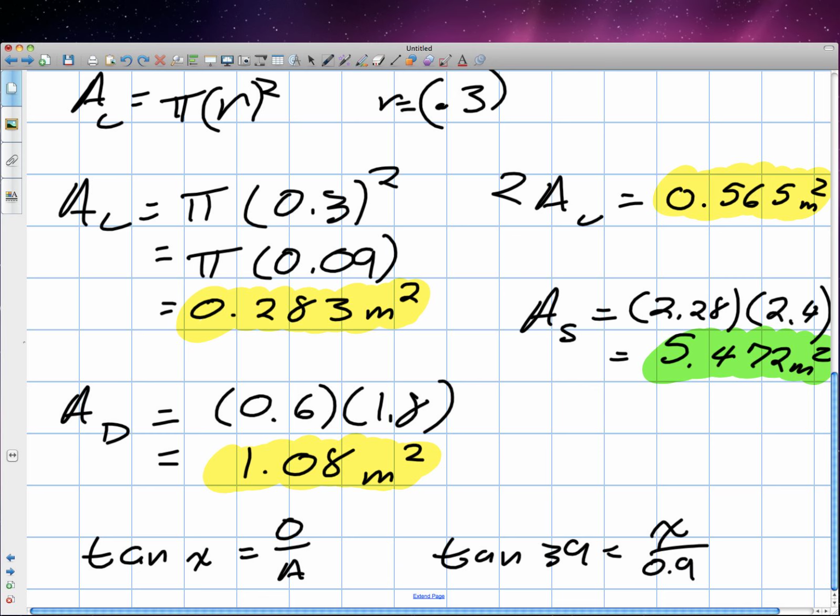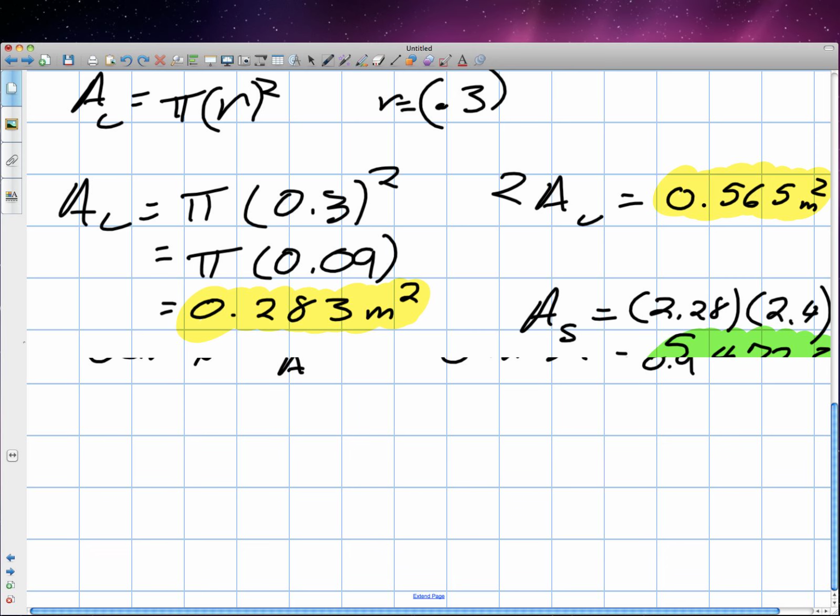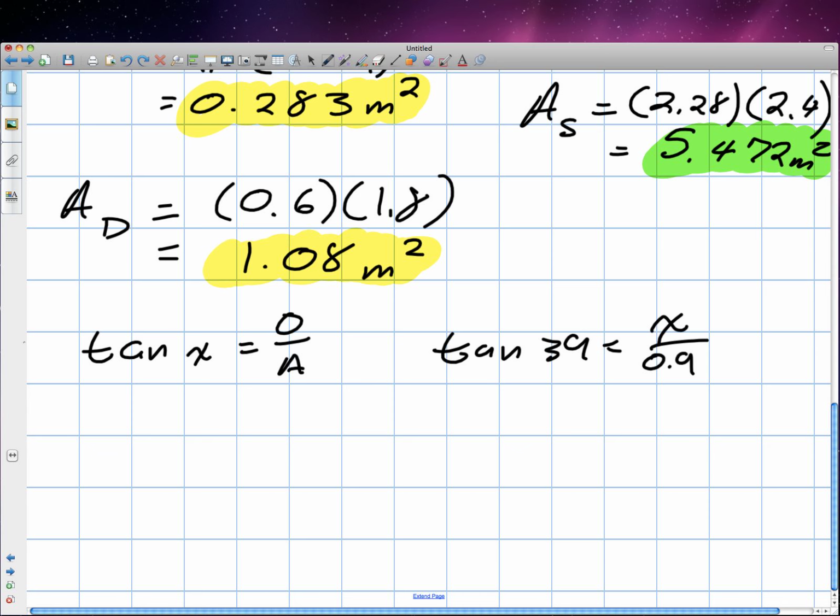We need to move 0.9 to the other side so that x is isolated. So we have 0.9 multiplied by tangent 39 is equal to x. Times 0.9.